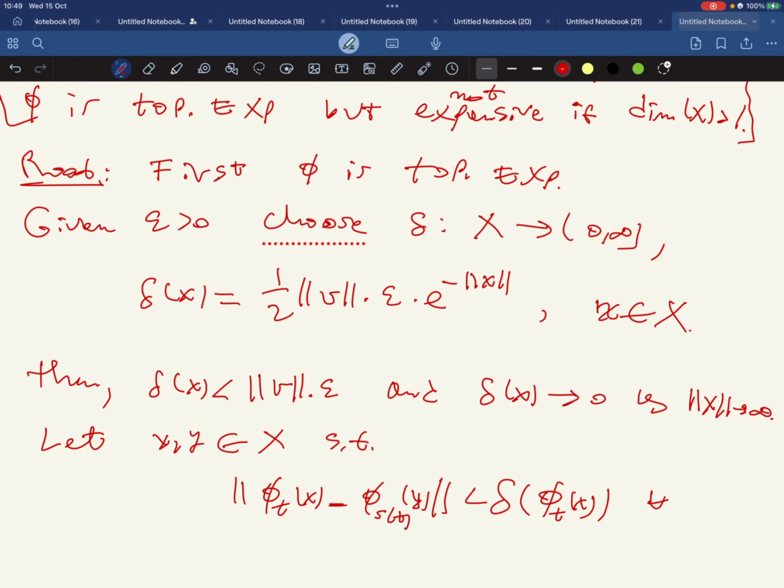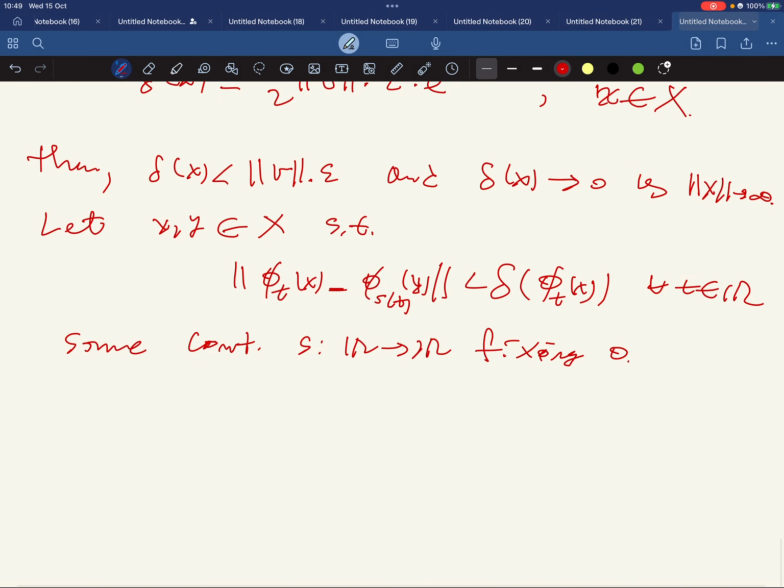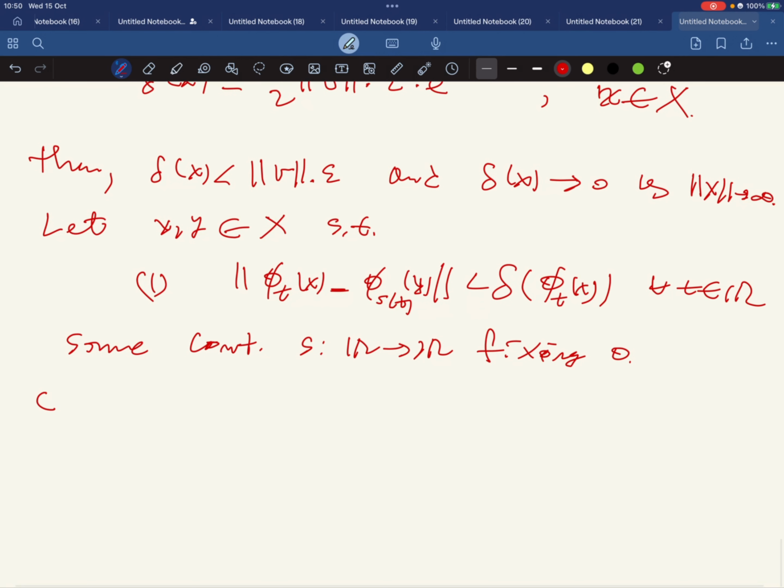This is for every t in R and some continuous s from R to R fixing 0. Suppose that situation occurs. We'll keep a name for this inequality.